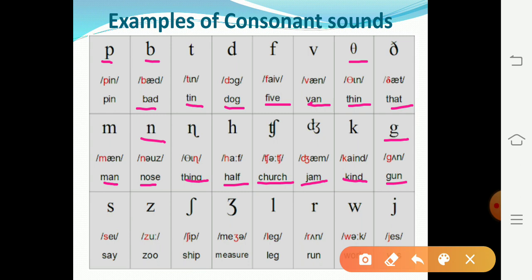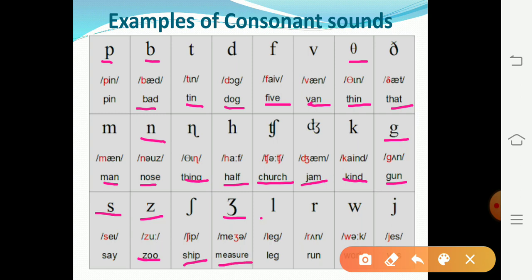The next sound is s, as in the word say. The next sound is the buzzing sound z, as in the word zoo. The next sound is sh, as in the word ship. The next sound is zh, as in the word measure.